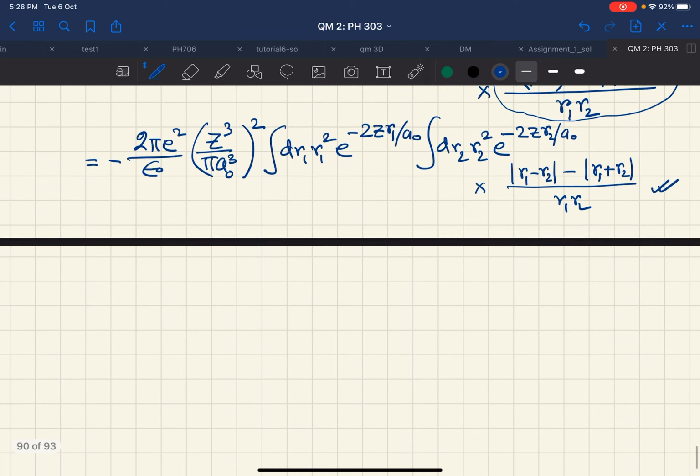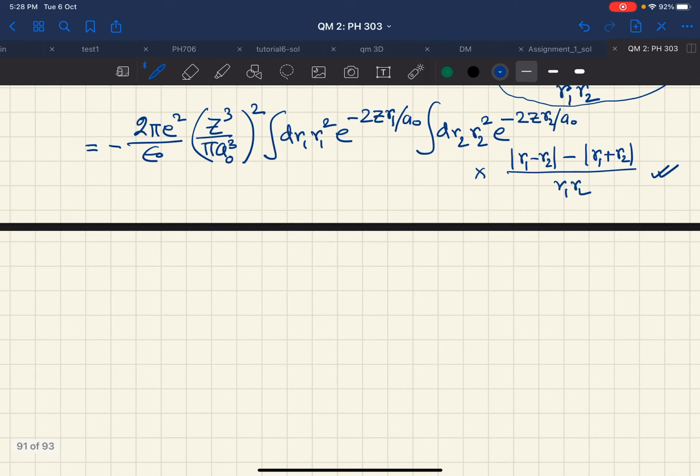Let us do the argument here. Because see, the argument is the following: the integral is symmetric in r1 and r2, right? There is no doubt about that.